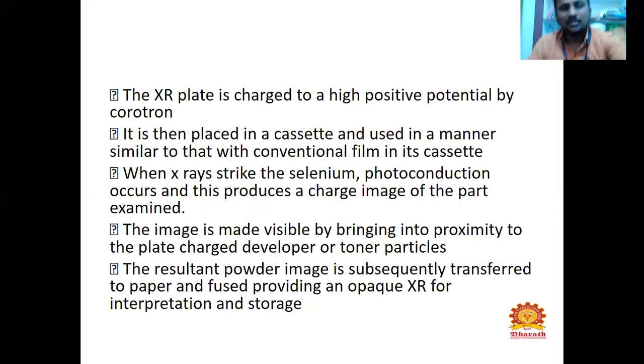The image is made visible by bringing charged, developed or toned particles into proximity with the plate. The resultant powder image is subsequently transferred to the paper and fused, providing an XR for interpretation and storage.